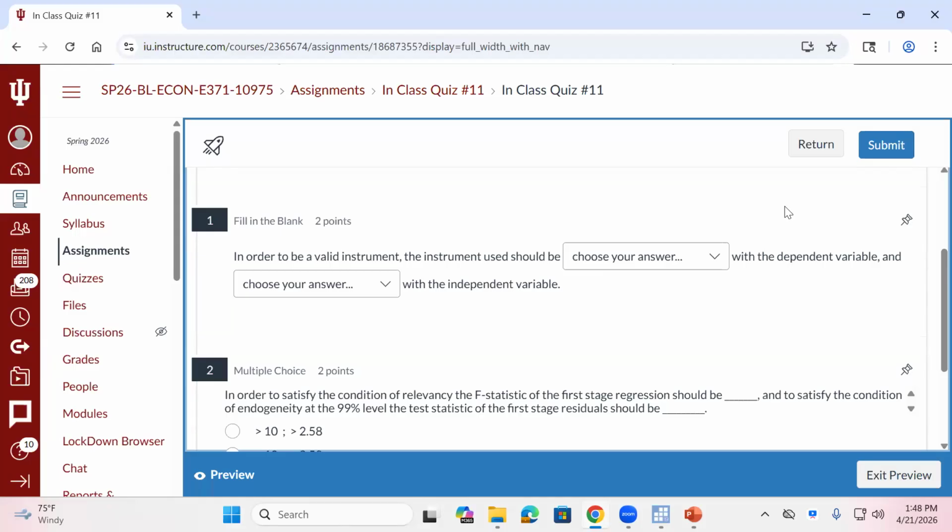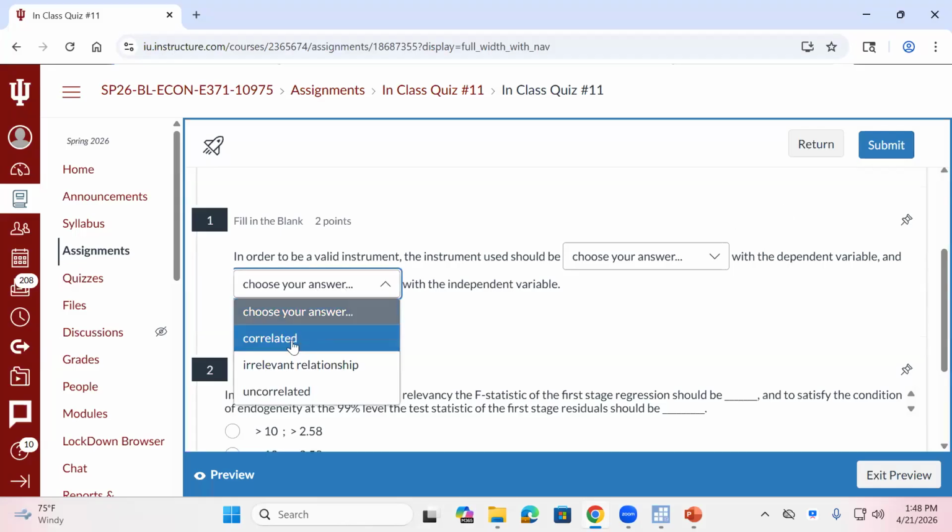We don't have any coefficient estimate on Y, since it's always on our left-hand side. So the instrument needs to be correlated with the variable X that has the coefficient beta 1 associated with it.